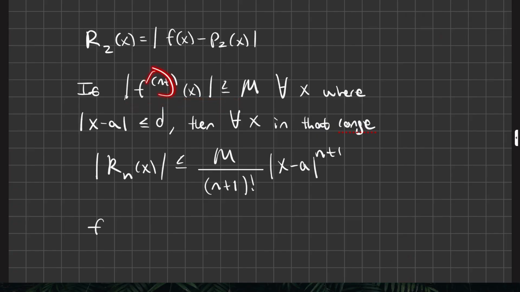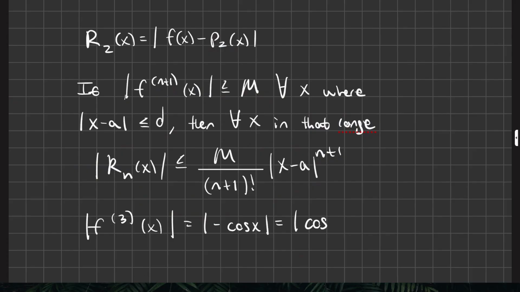N is 2 because we're using the second degree Taylor polynomial, so we're really looking at the 2 plus 1 derivative. So we're interested in the third derivative of f. We need to somehow satisfy this condition before we can jump into this formula. So this is the absolute value of the third derivative of f evaluated at x, which is just the absolute value of negative cosine of x.